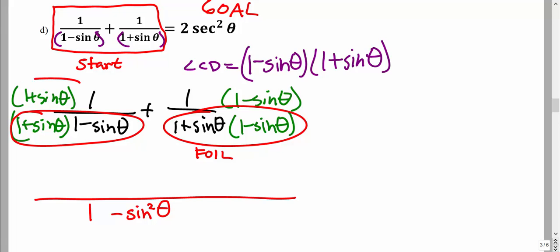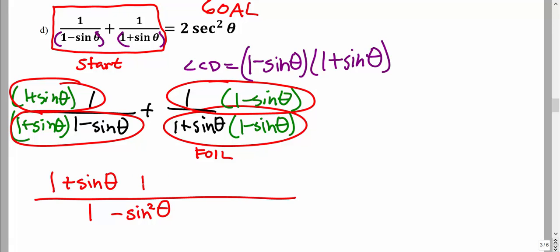And on the top of our fractions, when we multiply in those missing factors, we're just multiplying times 1. So here we get 1 plus sine theta times 1, that's just 1 plus sine theta. Plus, the second numerator would be 1 times 1 minus sine theta, which is just 1 minus sine theta.